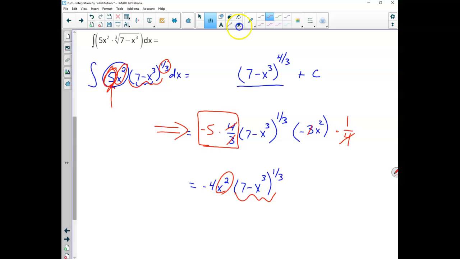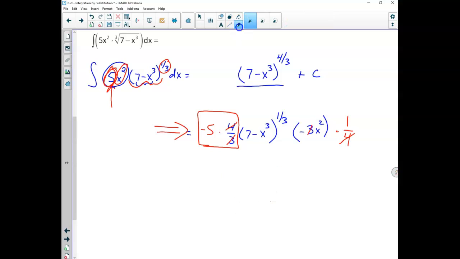So if I added that 5/4 in there, that's really going to give me my negative 5x squared. Oh, not negative, because that negative is going to cancel out too. And it's going to be 5x squared times 7 minus x cubed to the 1/3. Aha! There we go. There's my plus c.